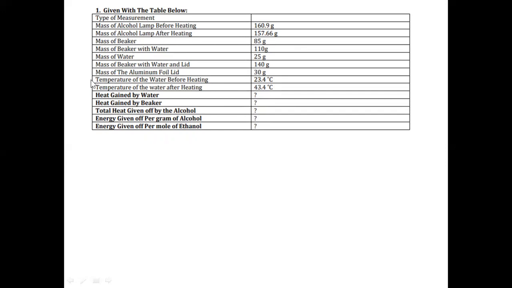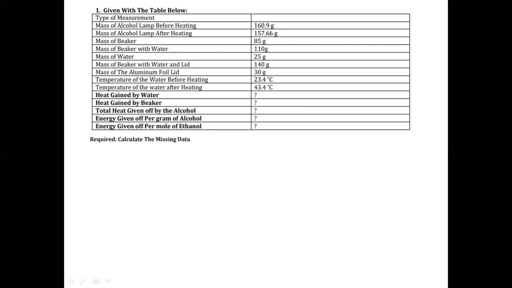Now we're going to determine the following five parameters: first, the heat gained by the water; second, the heat gained by the beaker; third, the total heat given off by the alcohol; fourth, the energy given off per gram of alcohol; and lastly, the energy given off per mole of alcohol or ethanol.